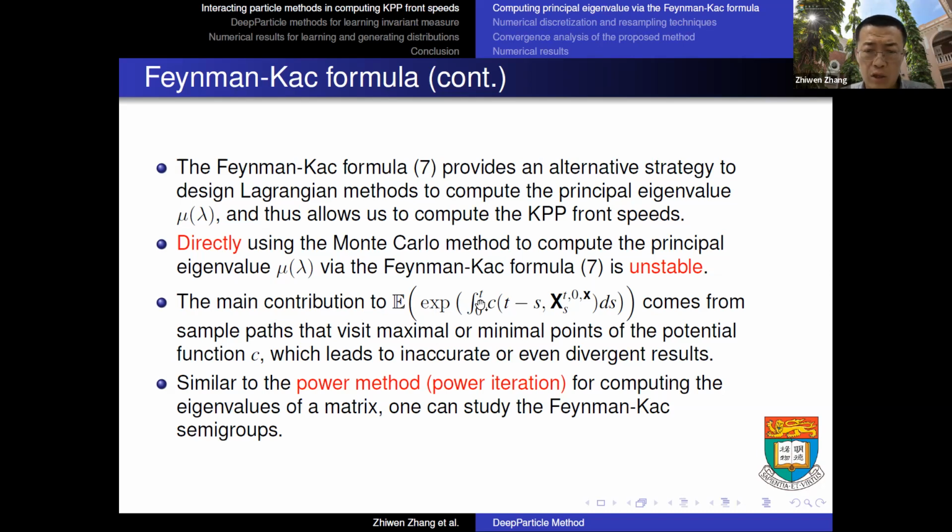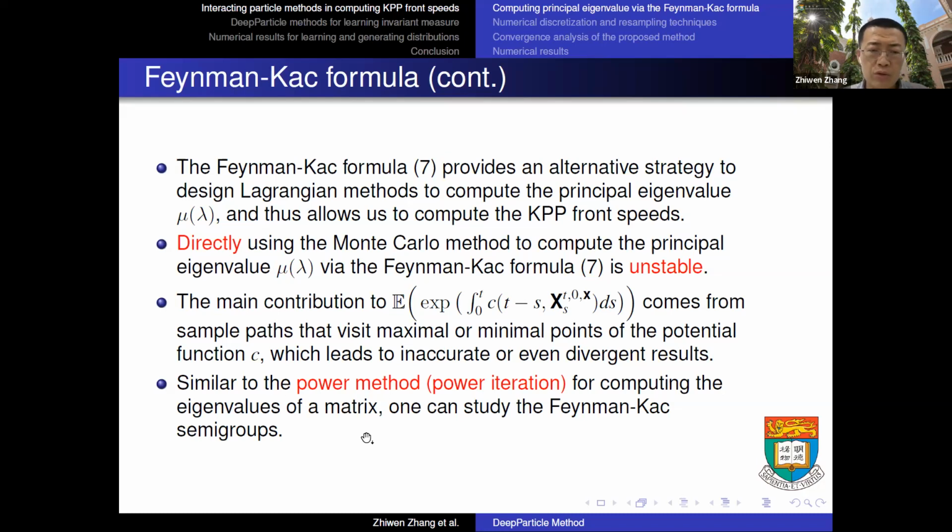This causes instability. So how do we cure this instability? If you remember the power method for computing the eigenvalue of a matrix, which we use a lot, we just multiply the vector and normalize it.